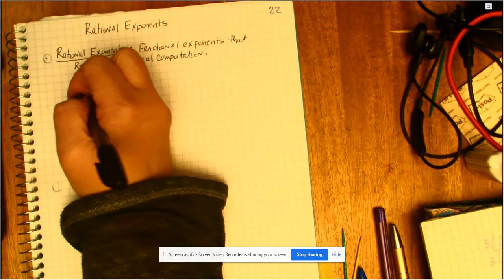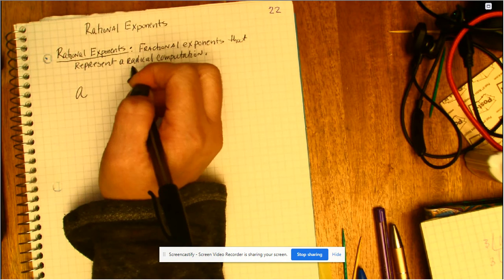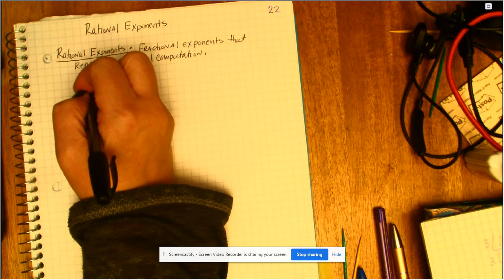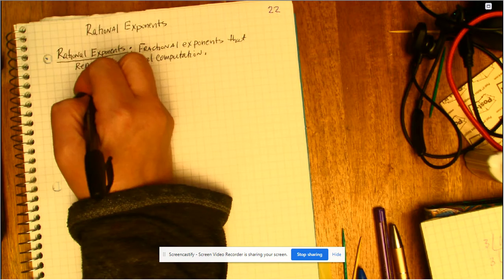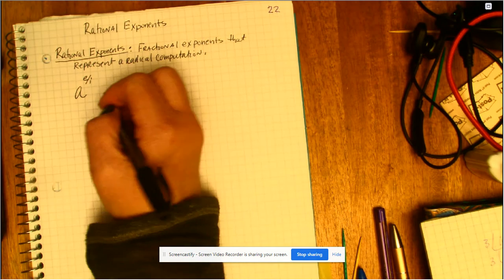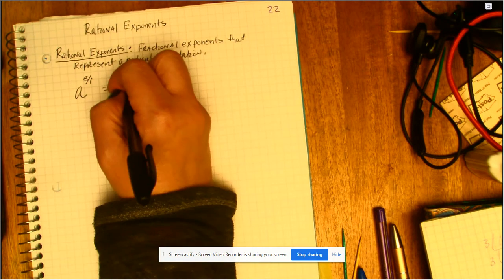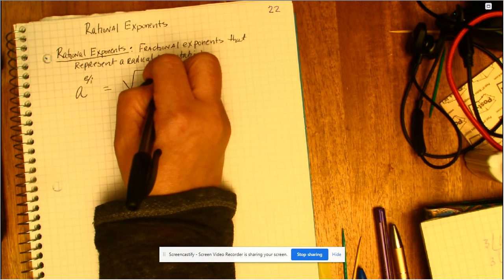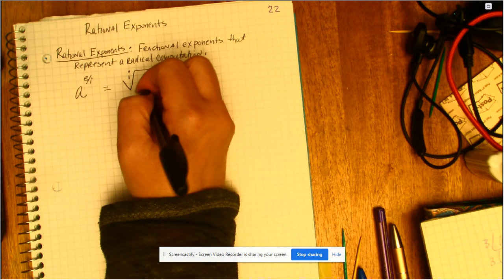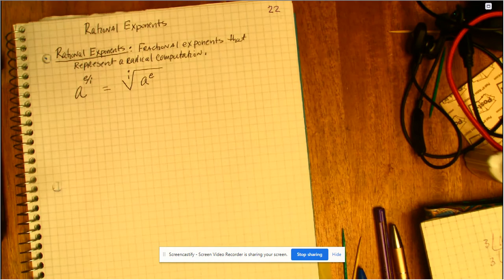So what does that look like symbolically? Say we have a number or variable a, and it's to a fractional exponent, and I'm going to call this e over i. Another way to represent this would be with a radical, where i represents the index number and e represents the exponent of the radicand, or how many of the radicand that you have.